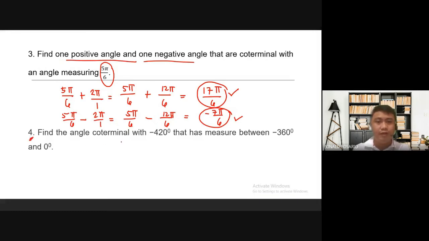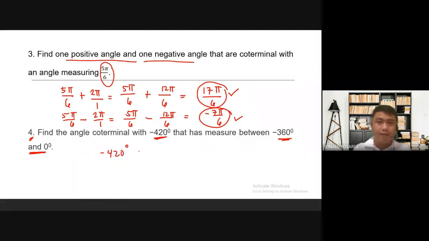Number 4. Find the angle coterminal with negative 40 that has measure between negative 360 and 0. Gitna ng negative 360 and 0. Nasa labas pa yung negative 40. Mayroon ba tayong makukuha na nasa gitna ng negative 360 and 0?